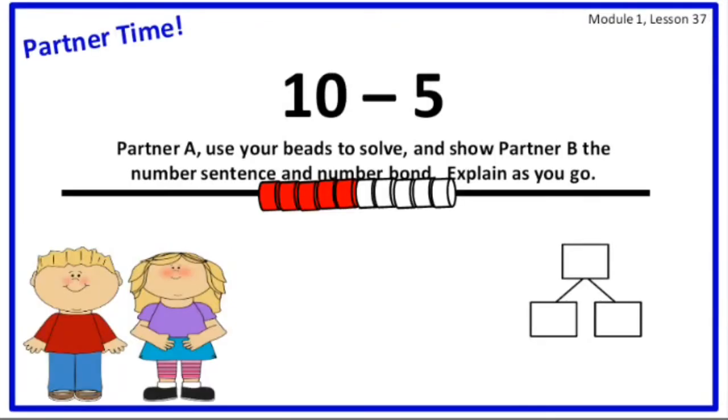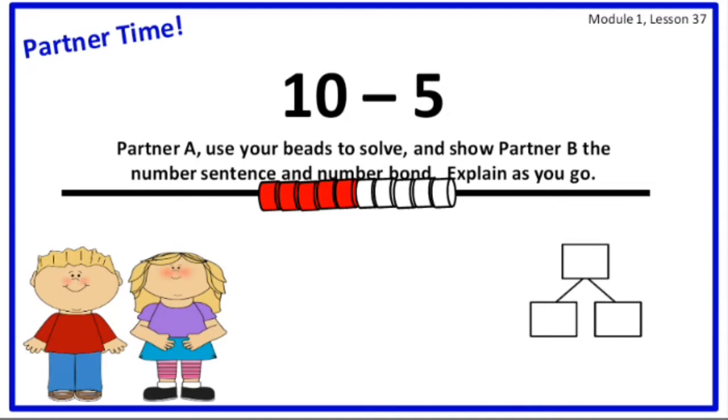Alright, now it's time for partners. Partner time. Are you ready? Good. Now we have 10 minus 5, and the story follows. It said, partner A, use your beads to solve and show partner B the number sentence and number bond.